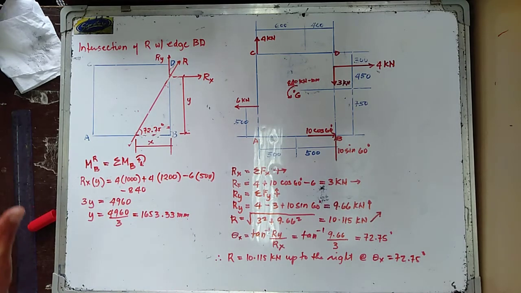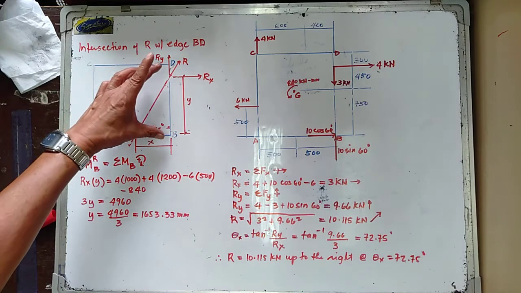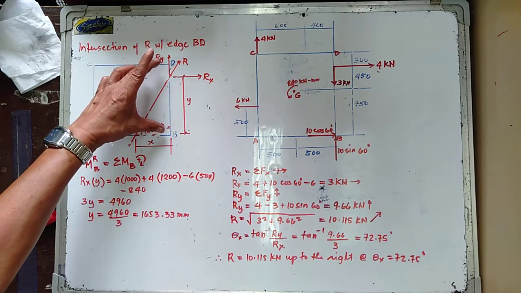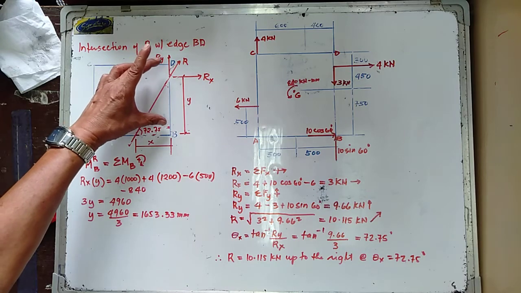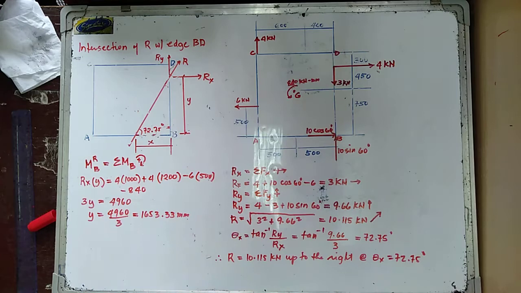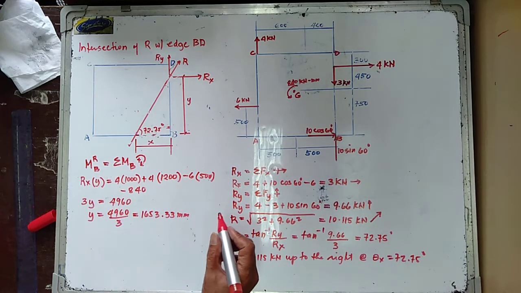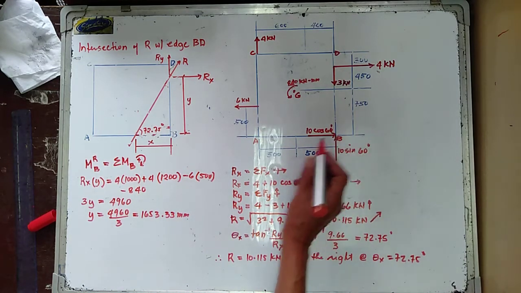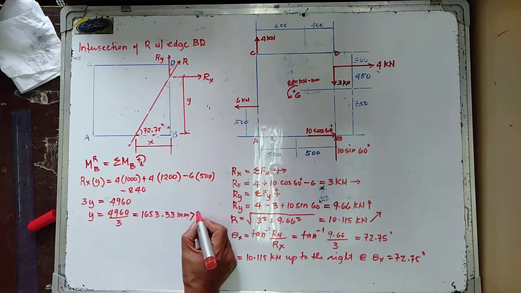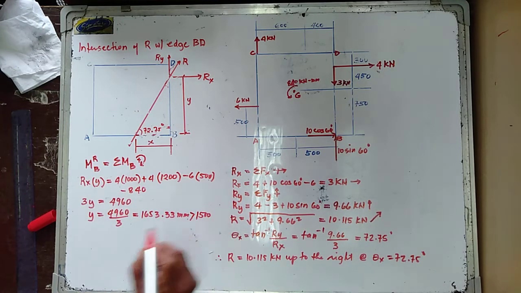Now, since the length of the plate at edge BD is equal to 1,500, you try to take note that this is greater than 1,500 millimeter.